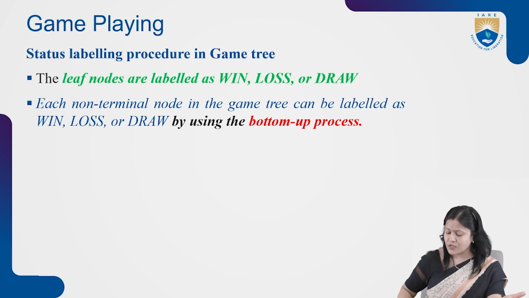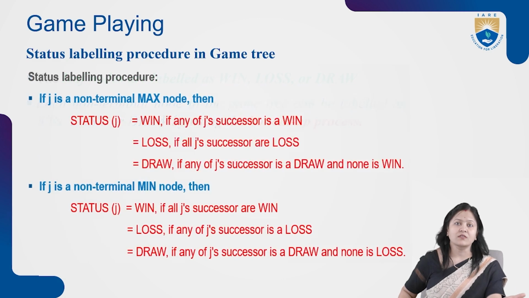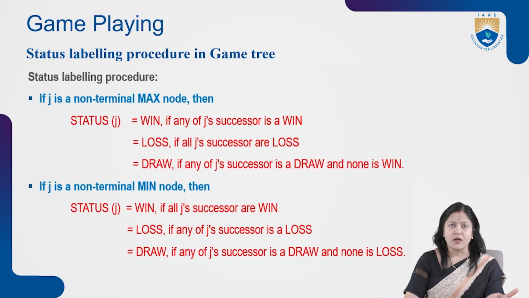For that, there are some procedures. This is the procedure for status labeling in a game tree using the bottom-up approach. As I said, this procedure is implemented using a two-player game, where one is the max player and the other is the min player. Let me first discuss the max node, which is a non-leaf node.